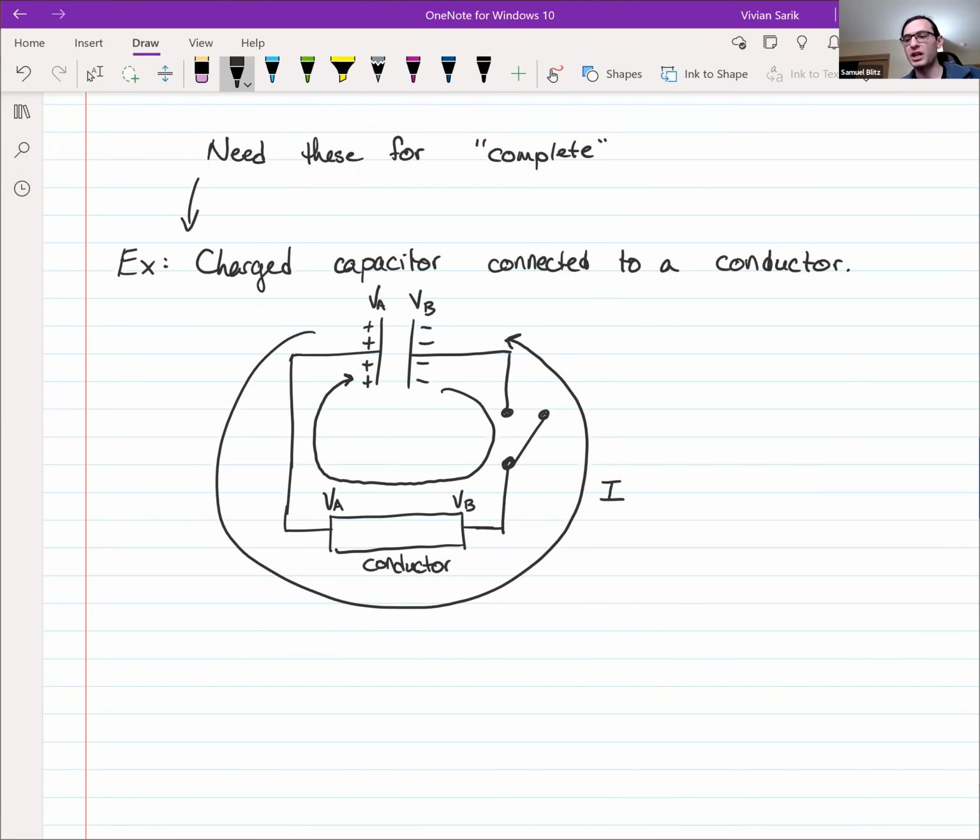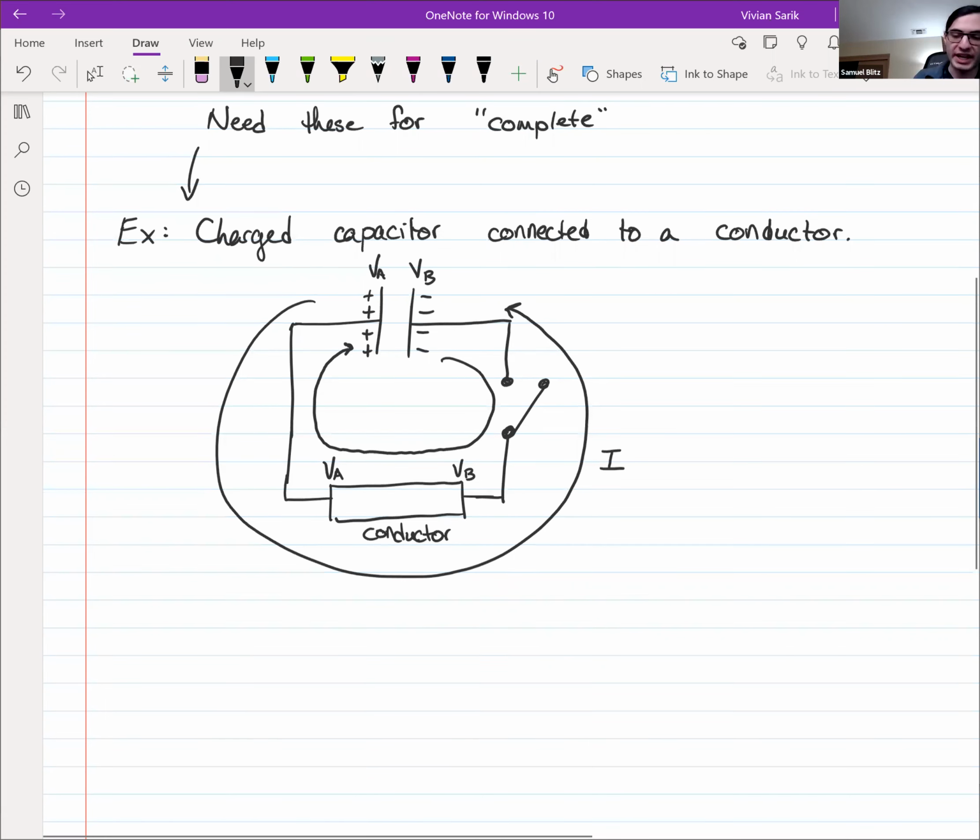So this is why we need a battery. We need something whose potential always stays the same, regardless of how much current has flowed through it. With just a capacitor and conductors, i.e. resistors, you can't really get steady state current or circuit operation. It just doesn't work.